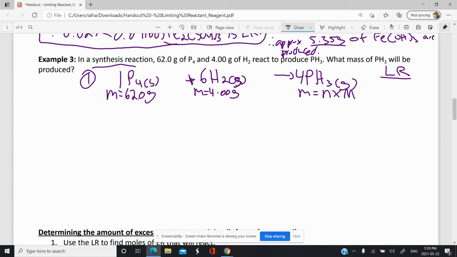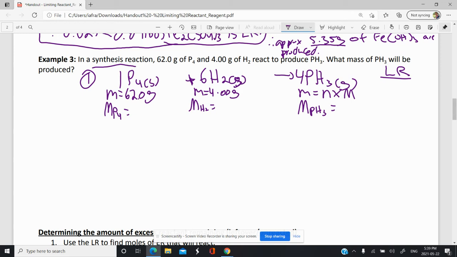So we know we're going to have to convert everything to moles. So let's go ahead and just prepare ourselves by finding the molar mass of everything here. So molar mass of PH3, molar mass of H2, and molar mass of P4.